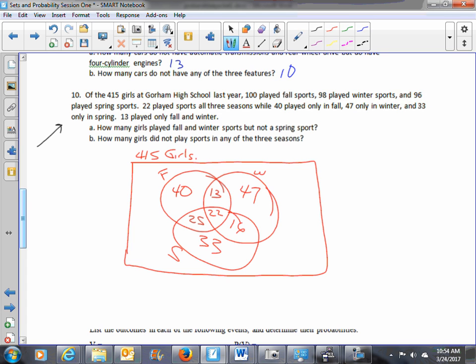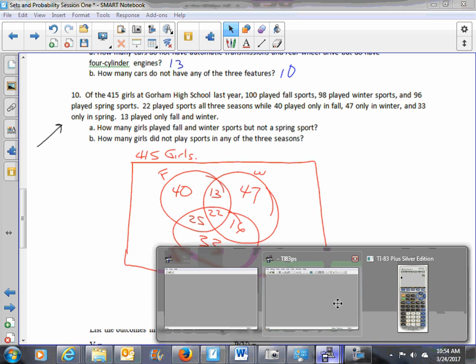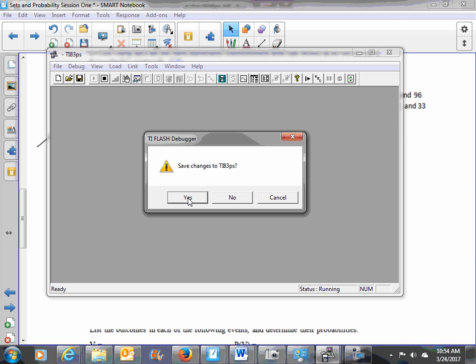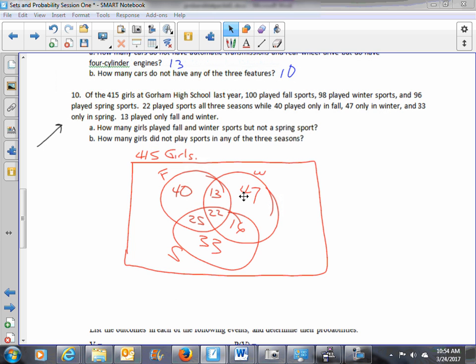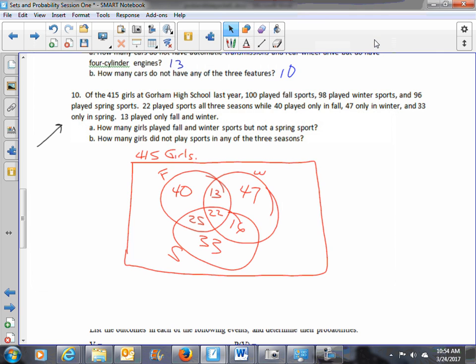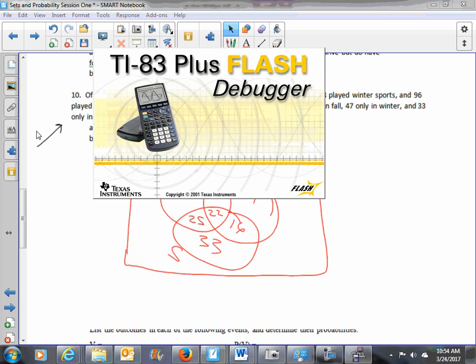Now, again, I'm going to just use the calculator to find the number that are outside. I'm going to use the calculator, though. I think it'll be faster.